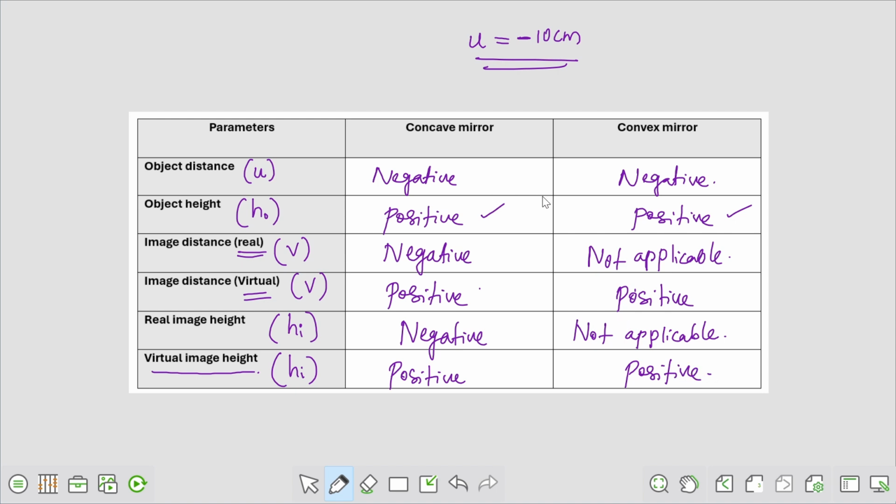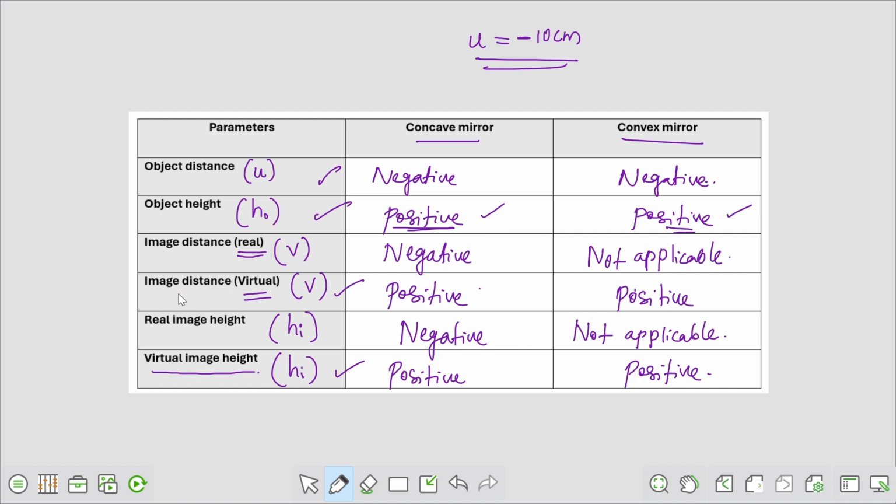Okay, now let's compare and learn. For concave mirror and convex mirror, which all things are common? Object distance, object height, virtual image distance, and virtual image height. These are the four things which are common to both. Right? Object distance is always negative. Object height above the axis is positive for both.